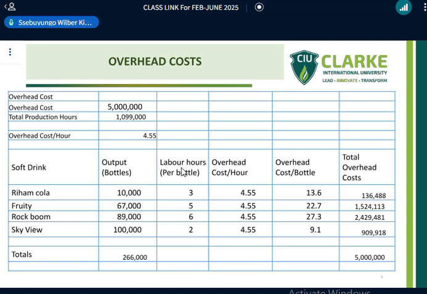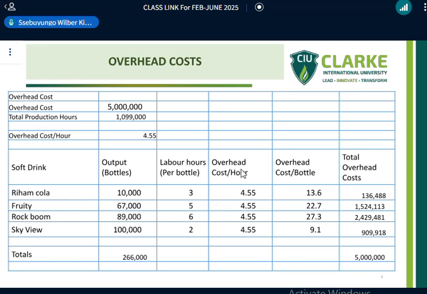I've come up with the variables which we had previously: soft drinks, the production volumes which are here, and then labor hours per bottle, which I've also put.